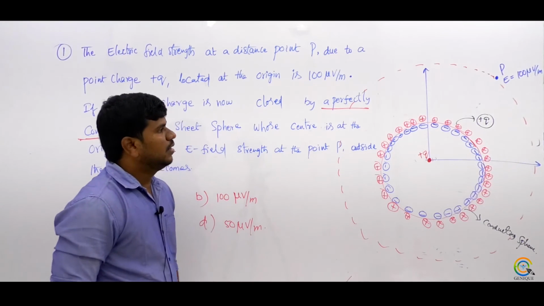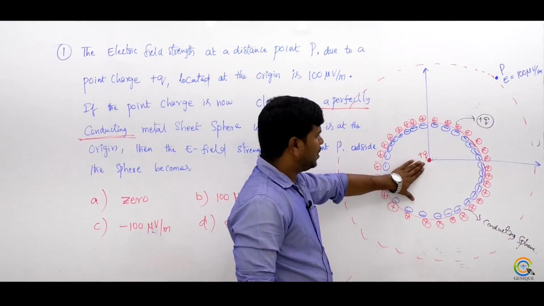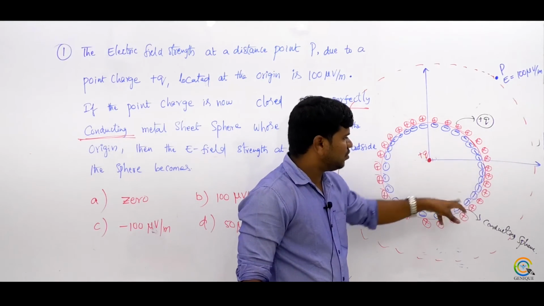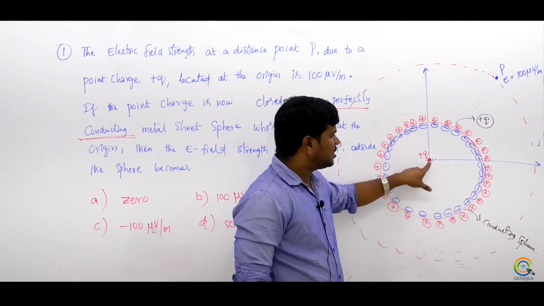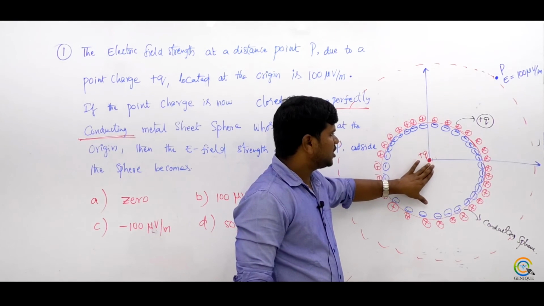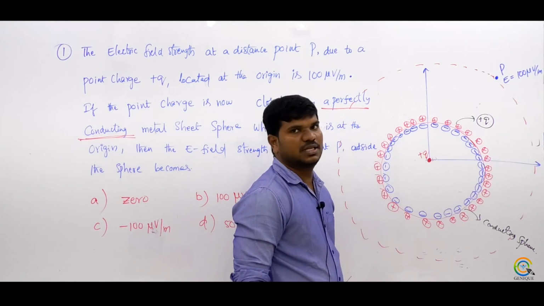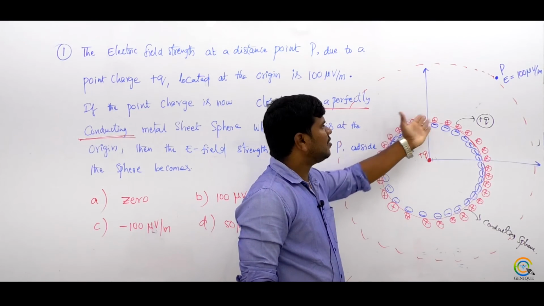Or otherwise, you can also say, because this is a conducting hollow sphere, without assuming this plus q and negative minus, this will go to the surface. If it goes to the surface, what will be the total charge?